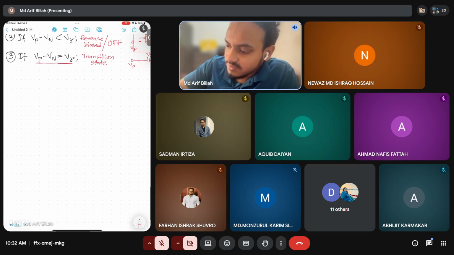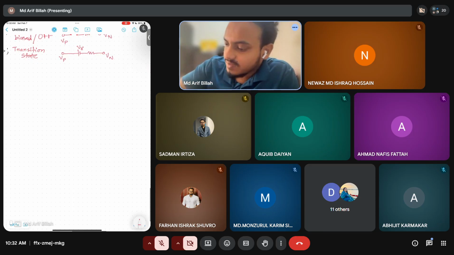Because Vp minus Vn is equal to V gamma, তার মানে কি এইখানে যতটুক potential difference ছিল, all of it is going into the diode, right? Diode forward bias করার জন্যই the entire potential is being used. তাহলে কি হয়? There is actually no current flowing through it.